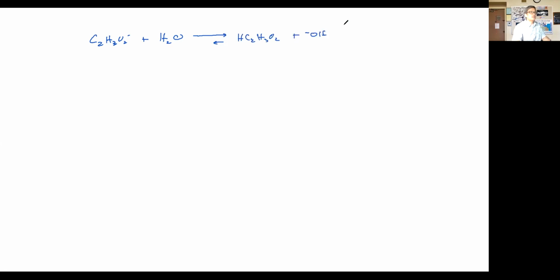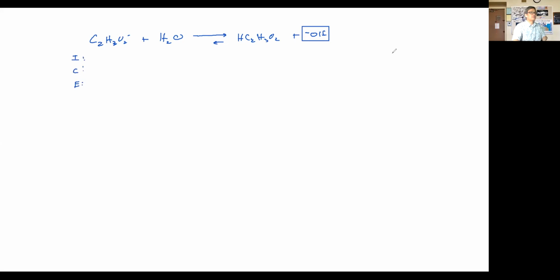It's the formation of this hydroxide ion right here that will determine the pH of the solution. So how would we obtain the concentration of that hydroxide ion? We would set up our ICE table.